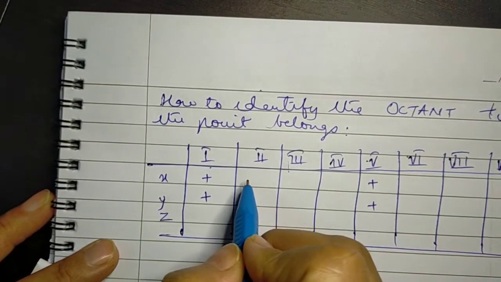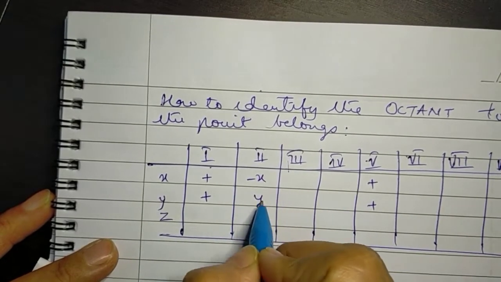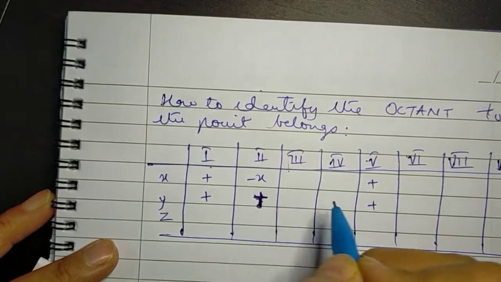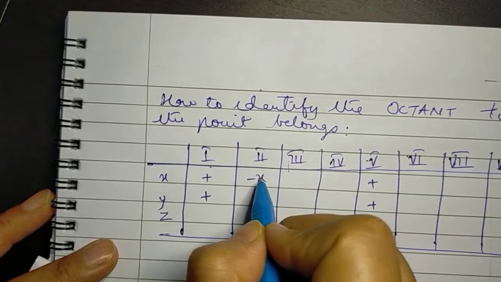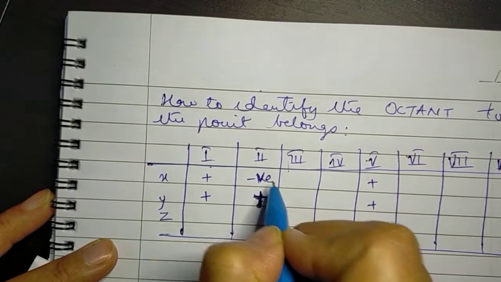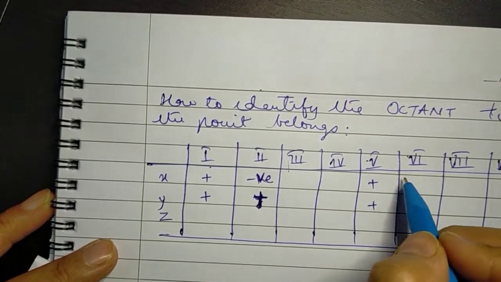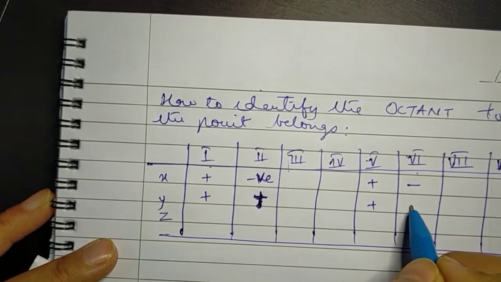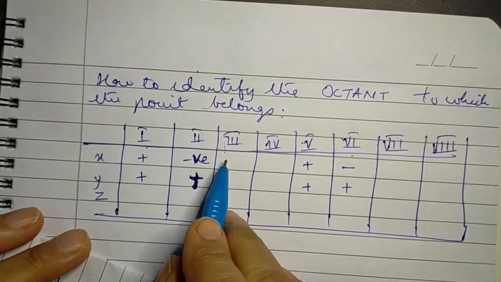Now second quadrant, we know x is negative and y is positive, and so the same way we have for the second octant also, that x is negative and y is positive. Now same way for the sixth, which is behind the second one, x is negative, y is positive. Now we come to the third quadrant.